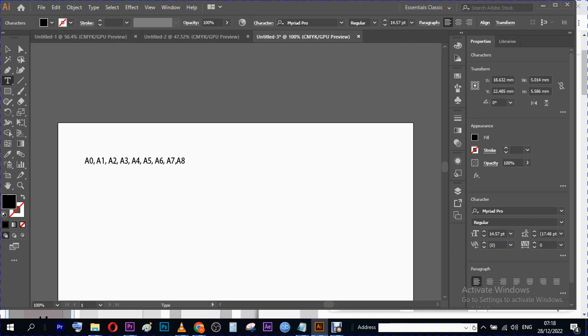Okay, so what else should you understand about the paper sizes?